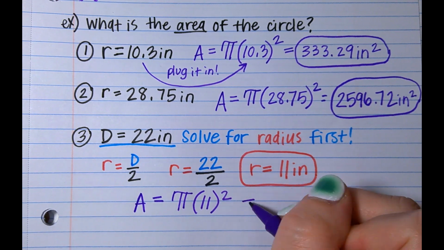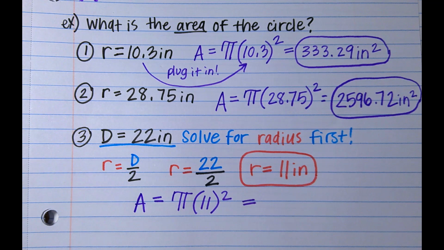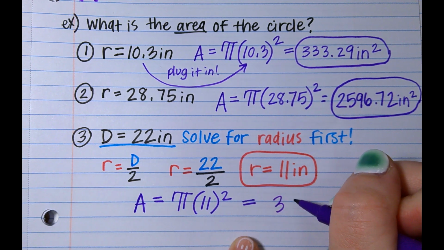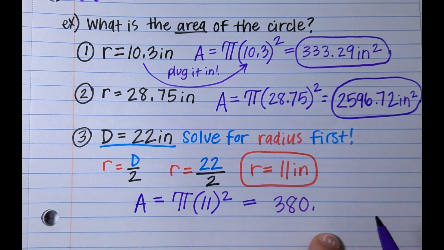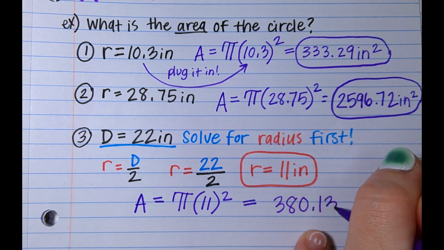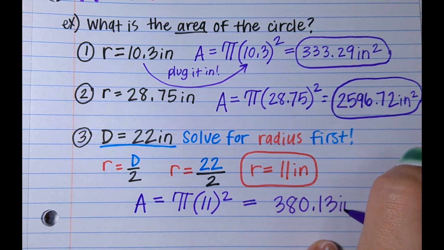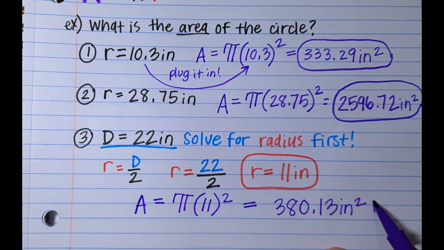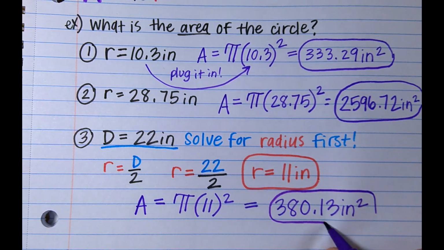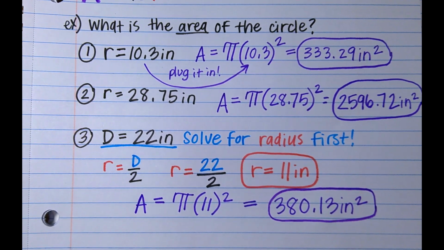That's not too bad. And let's see, what do we get as our answer? 380.13 inches squared. That's our area.